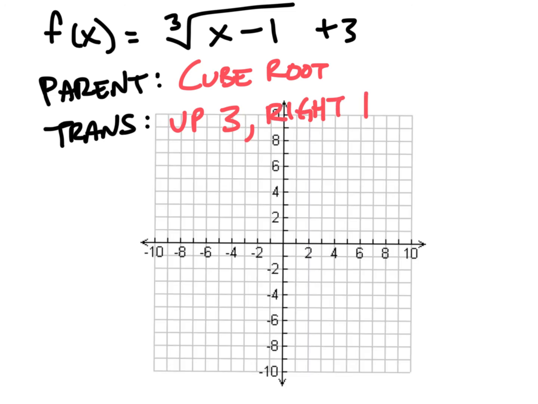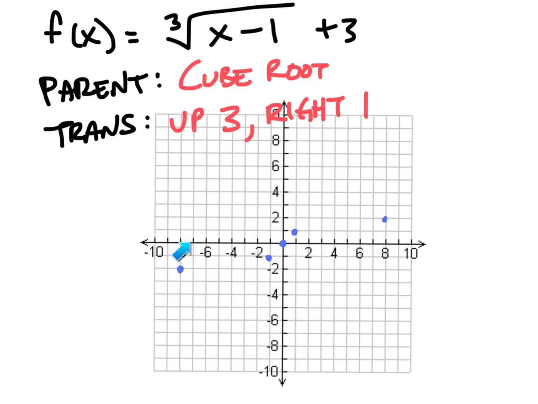All right, so let's go ahead and plot the parent function. Remember, cube root looks a lot like cubic, it's just turned on its side. So negative 8, negative 2; negative 1, negative 1; 0, 0; 1, 1; 8, 2. Now each of these points gets shifted up 3, so 1, 2, 3, and right 1.